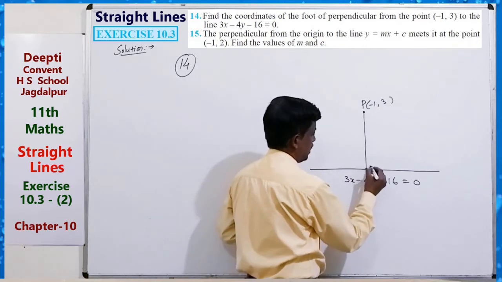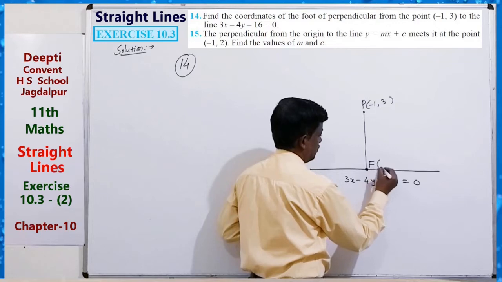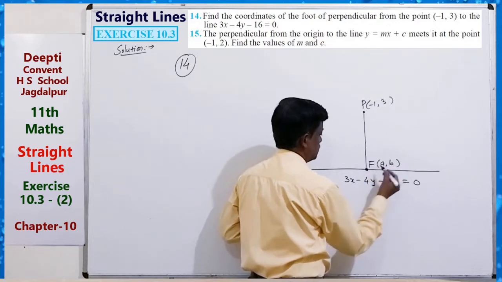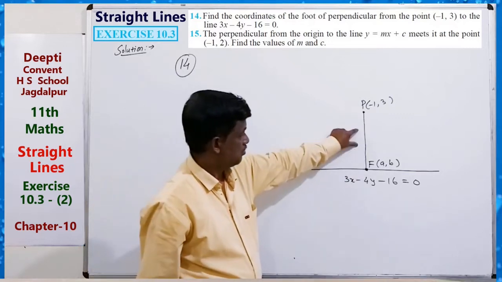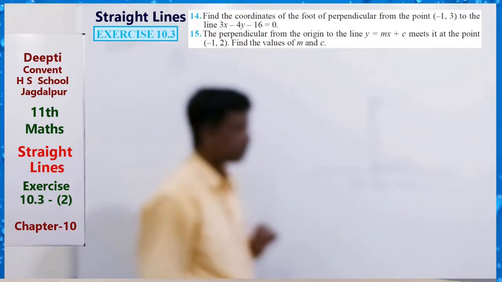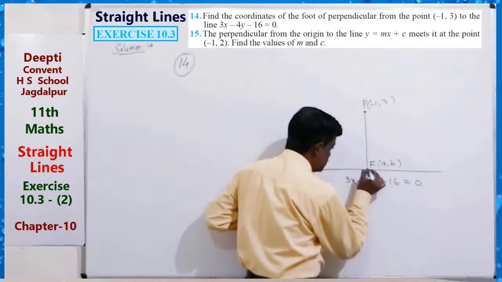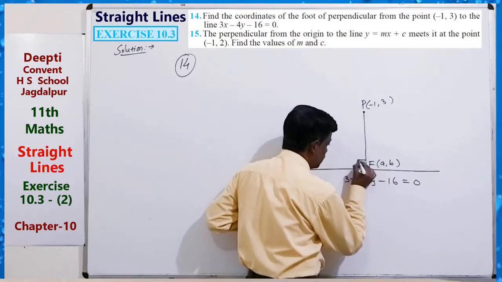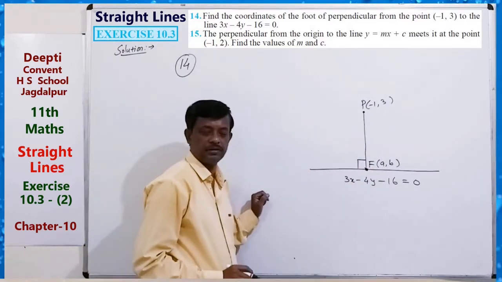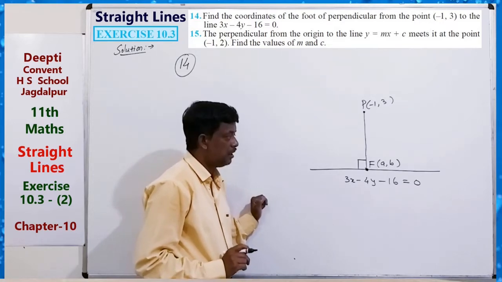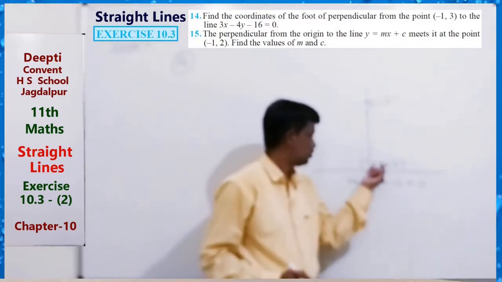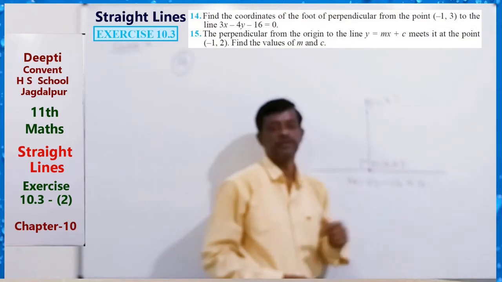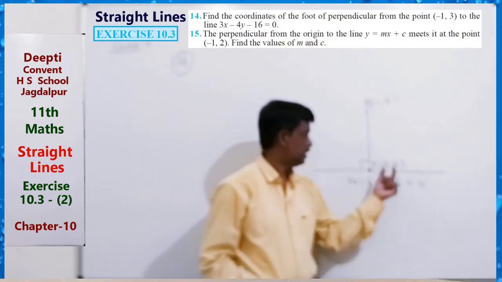This is F. Suppose this is the foot of the perpendicular. This is perpendicular to the line. This point is the foot of the perpendicular. Clear? Now we have to find, let the coordinate of this foot be a, b. And we have to find the values of a and b.